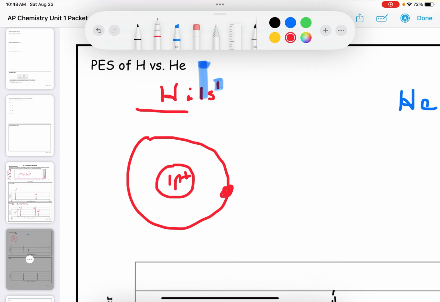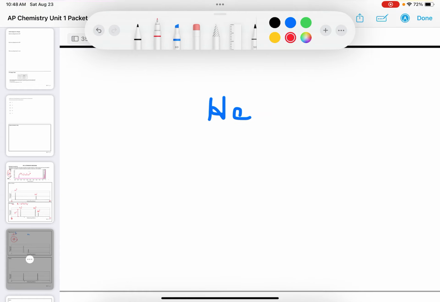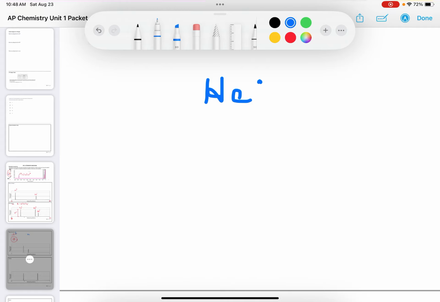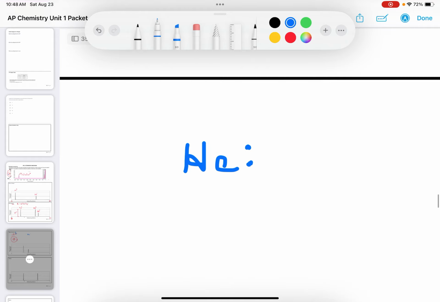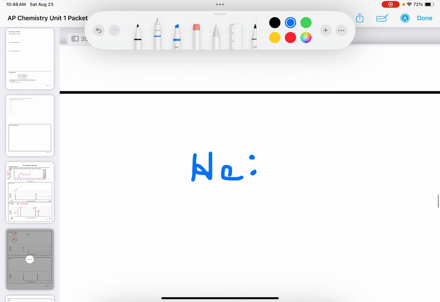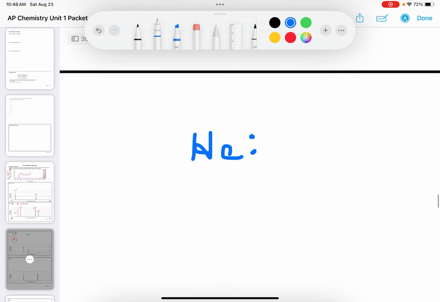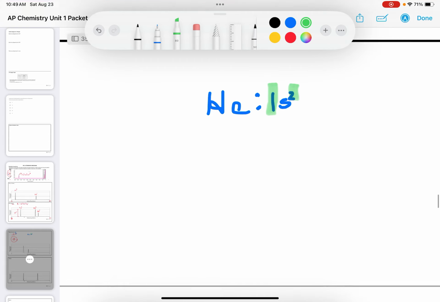All right, now over to the helium for a moment. Using my periodic table, I'm able to see that the electron configuration of helium is 1s2, and that's it, right? So that means that there's only 1 energy level, because there's just a 1s, and inside of that energy level, I got 2 electrons here.